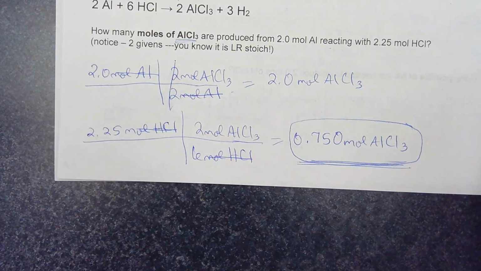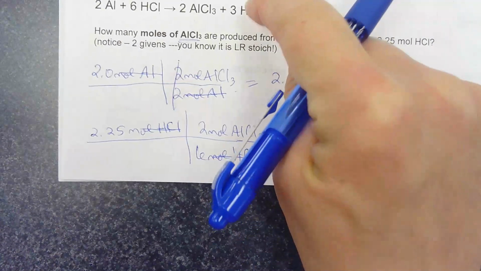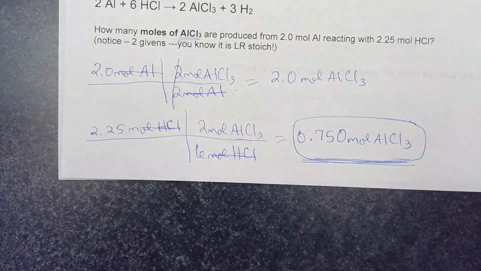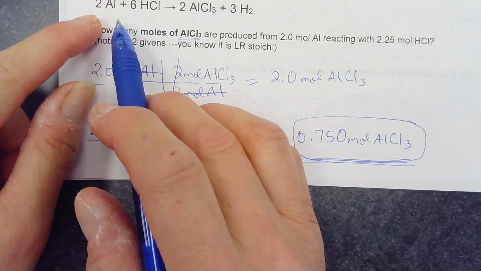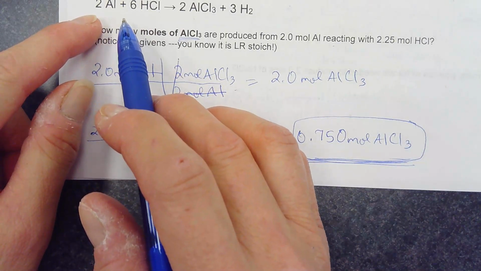Guys, in lab this week you did this, except it wasn't aluminum. What was it that you did? You did this exact thing in lab, except it wasn't aluminum metal, it was zinc metal. Do you remember doing that? You did zinc plus HCl.